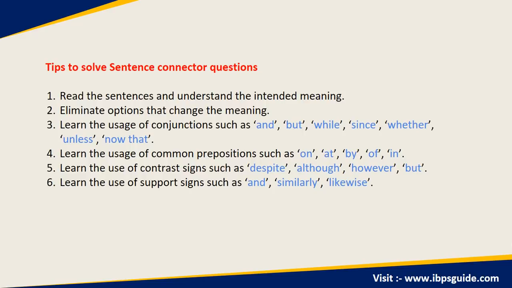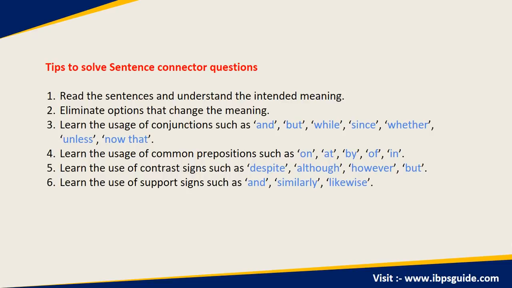Next, learn the usage of conjunctions such as and, but, while, since, whether, unless, and now that. So these are conjunctions that are most commonly used and they have a wide variety of uses. So make sure that you understand the usage of these conjunctions.